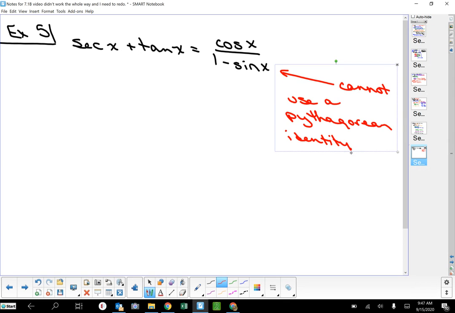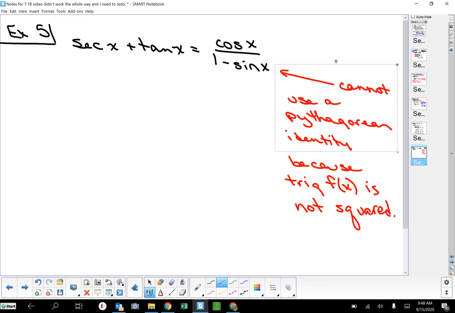And the reason you cannot use the Pythagorean identity is because the trig function is not squared. All of those, you were like sine squared plus cosine squared is 1, secant was squared, tangent was squared. Well, that doesn't happen in this one.